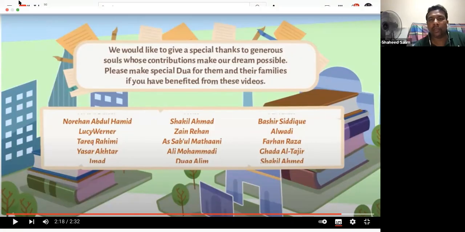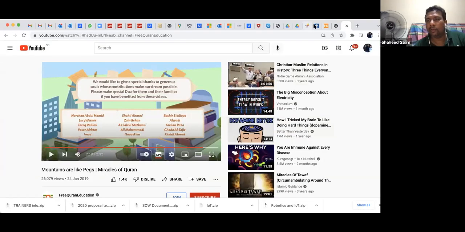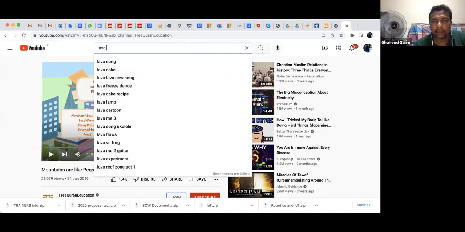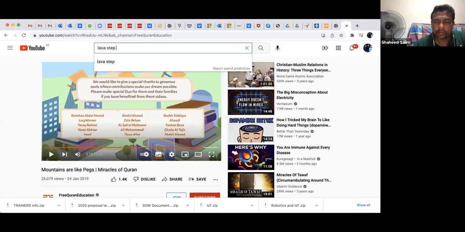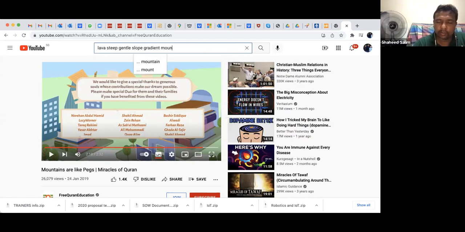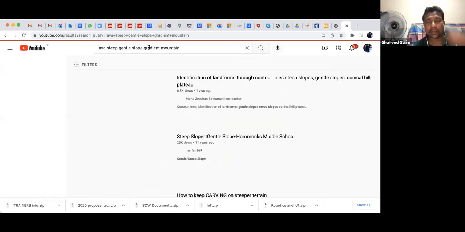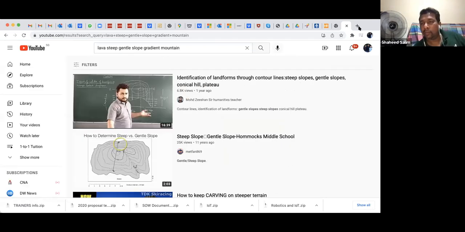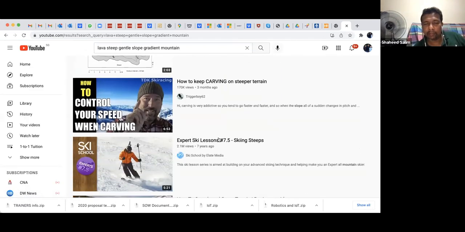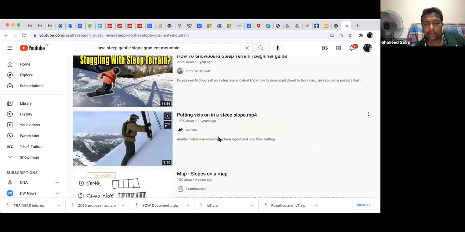Okay, let's see now. We use this. Now, I'm sure they have lava, steep, gentle slope or gradient, mountain. So you can just click like that, and they will have something like that. I remember, steep slope.